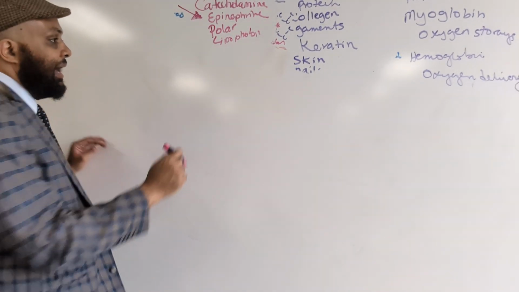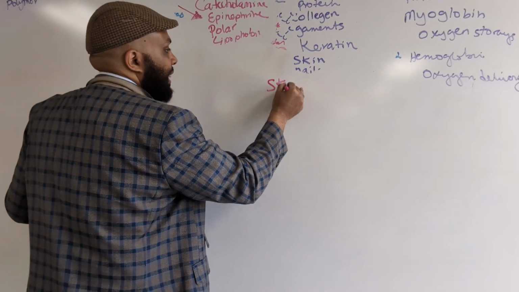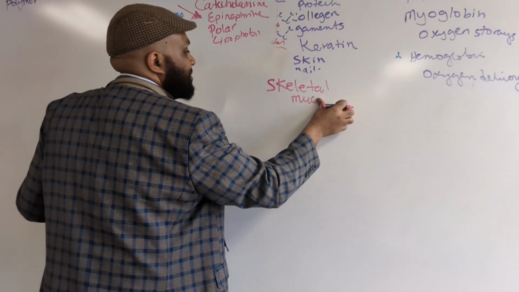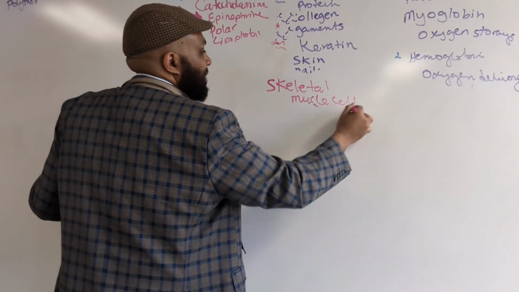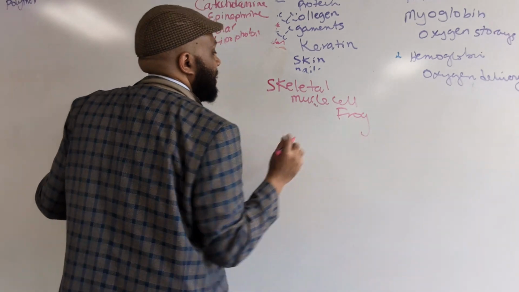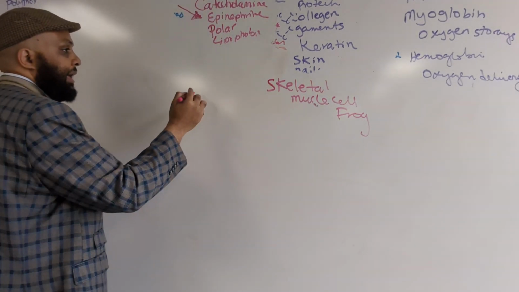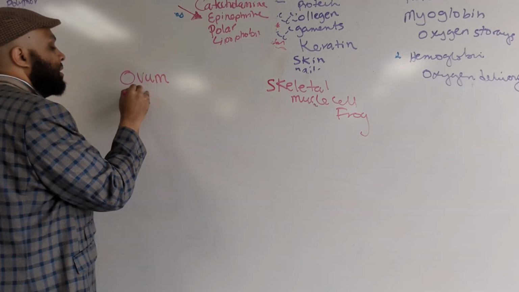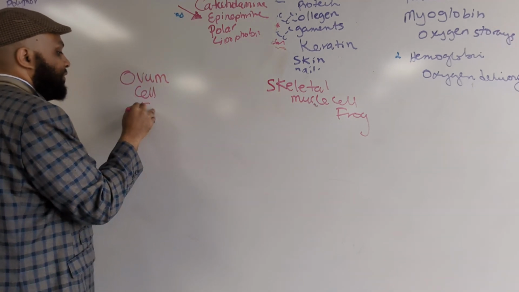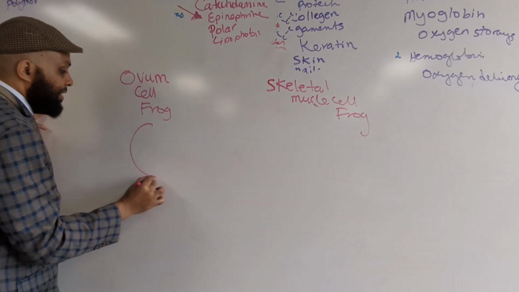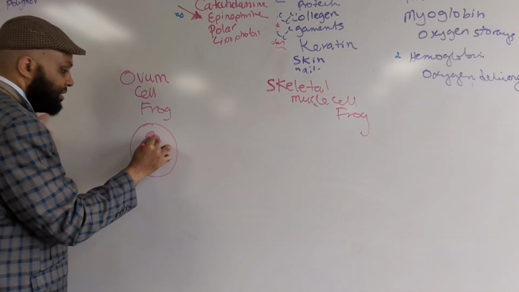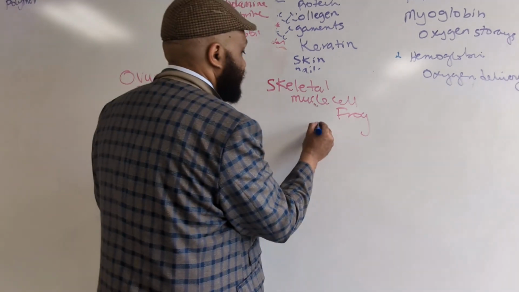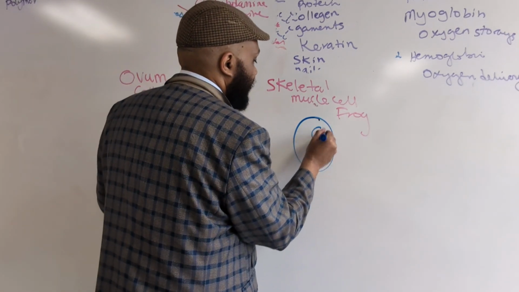So they had a skeletal muscle cell from the frog, and they had an ovum cell from the frog. So obviously the cell must have a nucleus, and the skeletal muscle cell must have a nucleus.